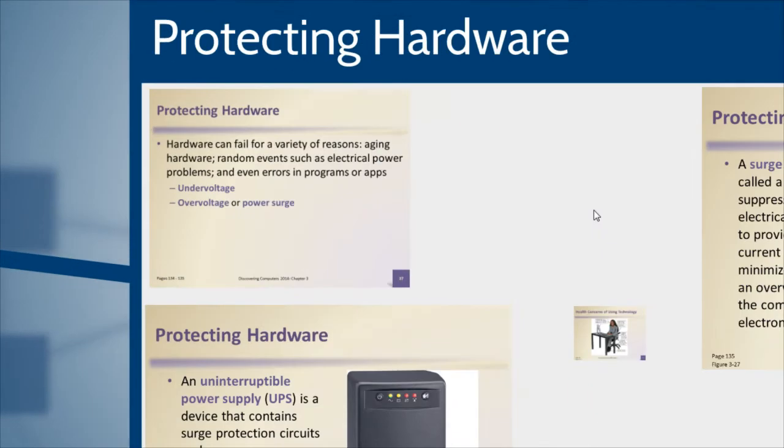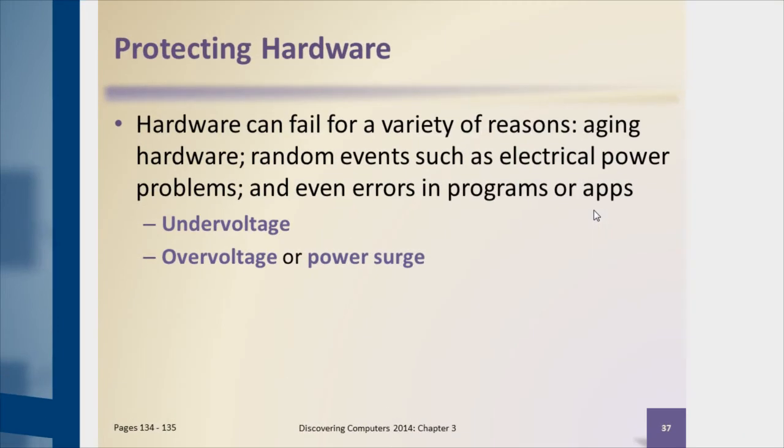Something else that can cause problems with equipment is power problems, whether it's over voltage or under voltage. Both of them cause problems for computers. Under voltage is a situation where the power coming out of our socket is not as high as it should be.